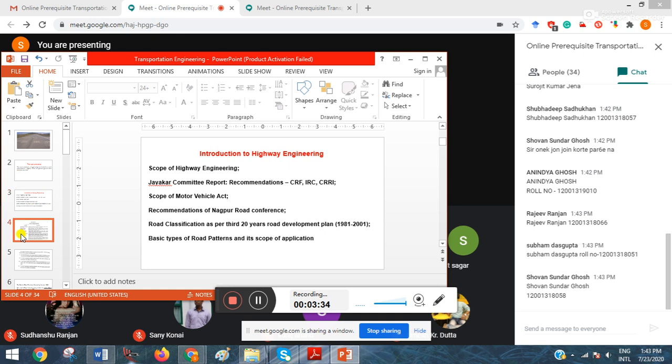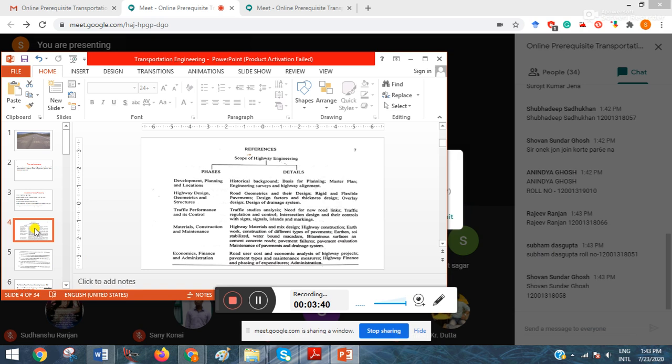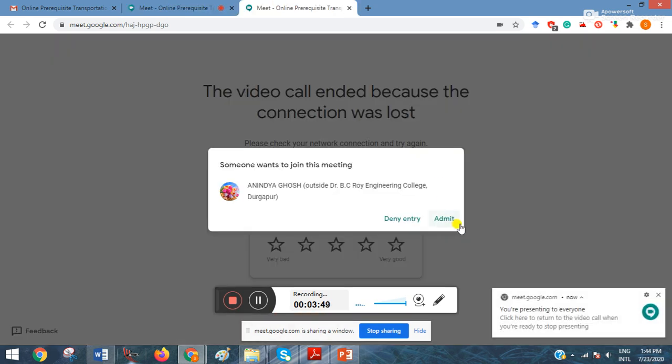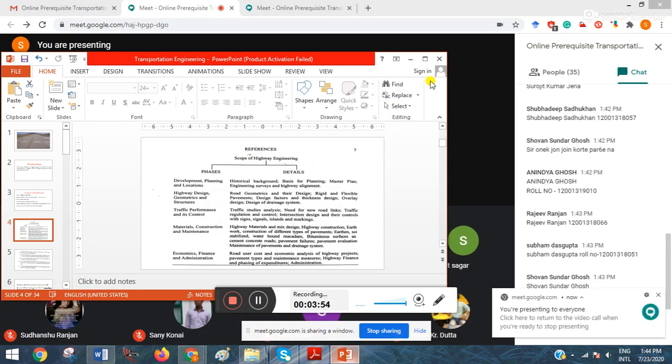If we start from the introduction to highway engineering, from my side the book is Khanna and Justo. Khanna Justo is the best book for our study of highway engineering, which is already given in your reference section. So under introduction to highway engineering, the first part is scope of highway engineering.